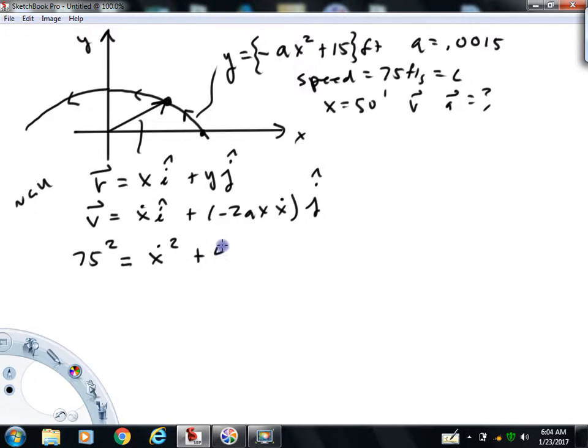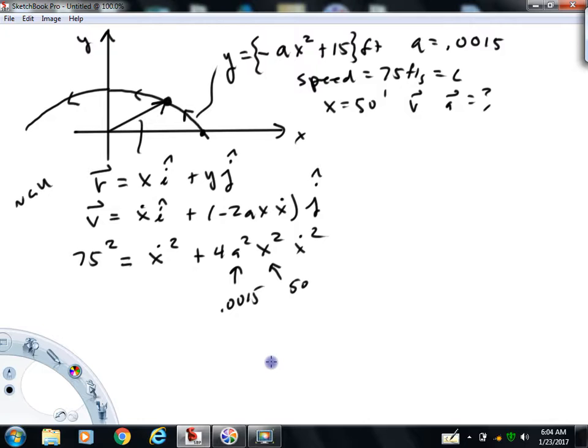So let's see, how about I write 4a squared x squared x dot squared, if we go through and square everything. I believe that we have everything we need here to solve for x dot. In this example, the a is 0.0015 and the x is 50.